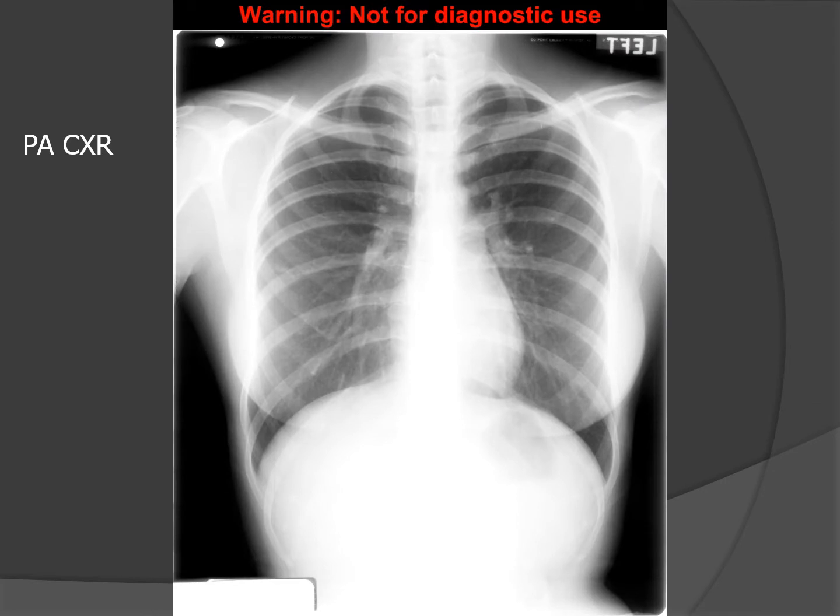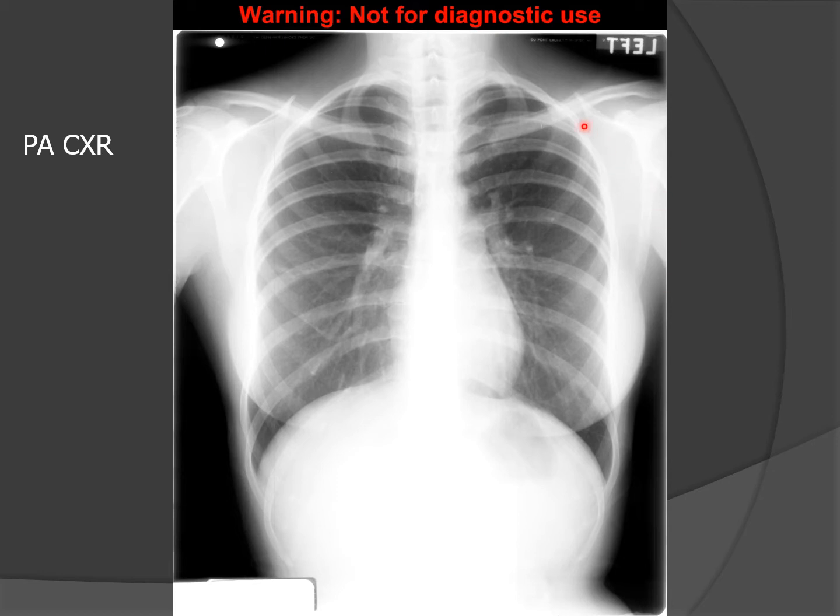Let's look at another PA chest X-ray. So here, let's count our ribs again. Let's start with rib 1. See how it curls around. 2, 3, 4, 5, 6, 7, 8, 9, 10. We have 10 ribs above the diaphragm, showing us that the patient has a good inspiration.